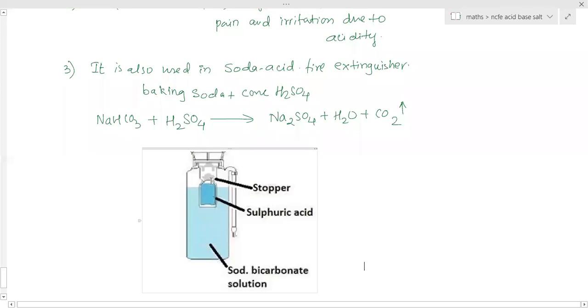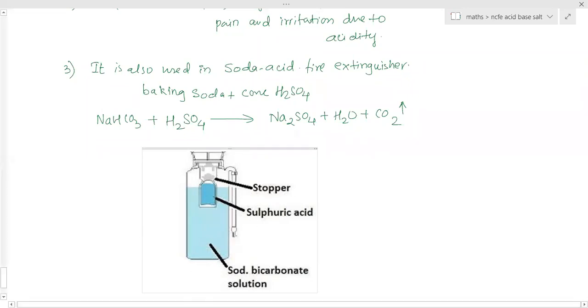When you press the knob forcefully, this sulfuric acid comes out and combines with sodium carbonate, and carbon dioxide is produced. That carbon dioxide comes out through this nozzle and extinguishes the fire.